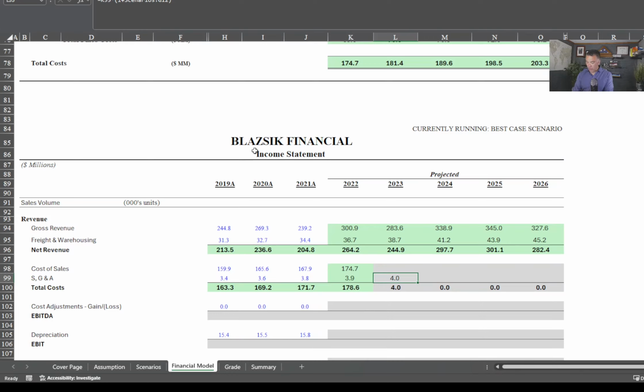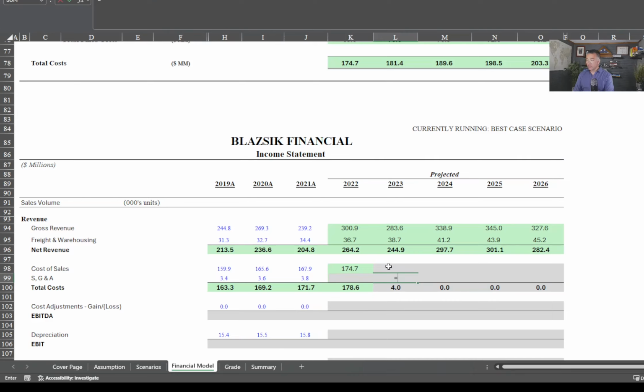Well, what I did was I went to the scenarios. In this example, we made the projected cost of SG&A 3.9, and then we want to project out to 2023. Well, I grabbed the inflation rate from 2022. I grabbed the wrong one. So what we want to do is do it over.